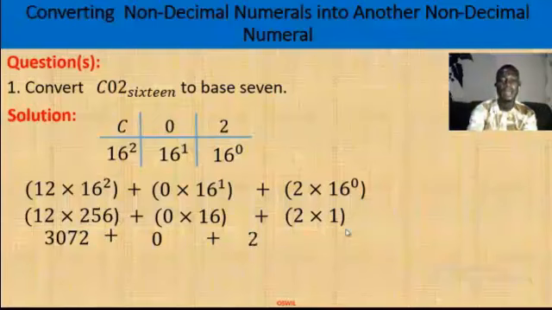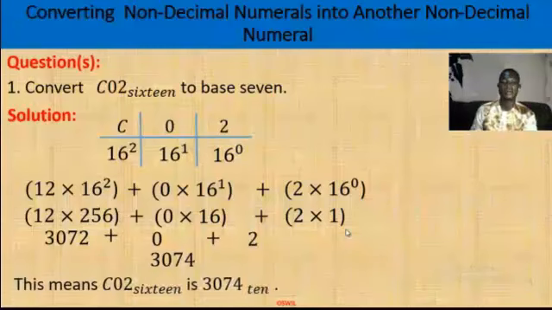Then when we add all these together, we have 3074. Therefore, our answer for C02 base 16 in base 10 is 3074, as you see on the screen. So C02 base 16 has been converted into base 10.